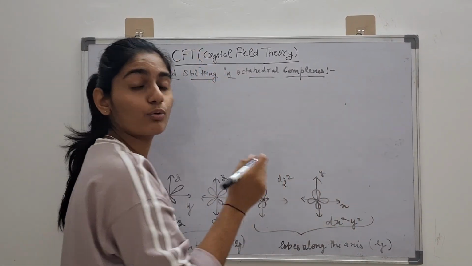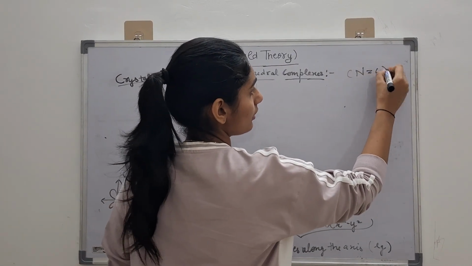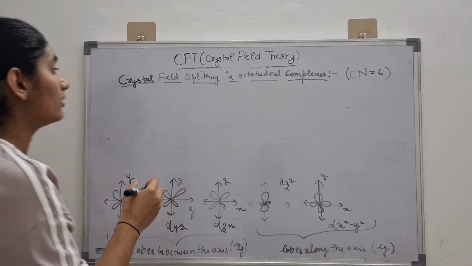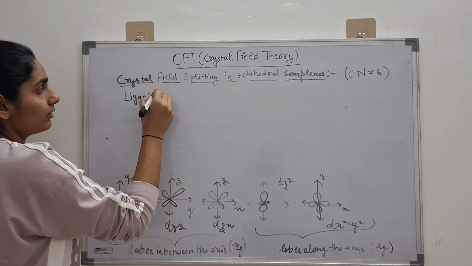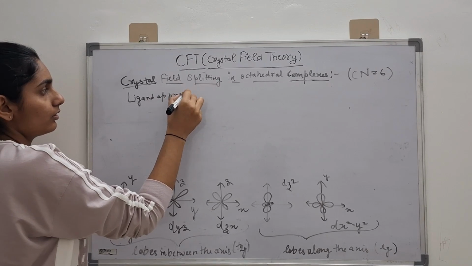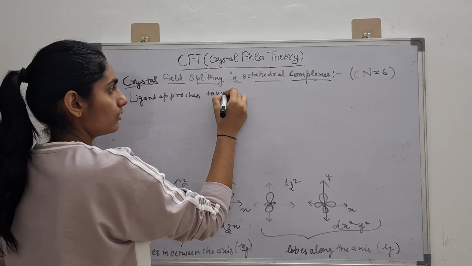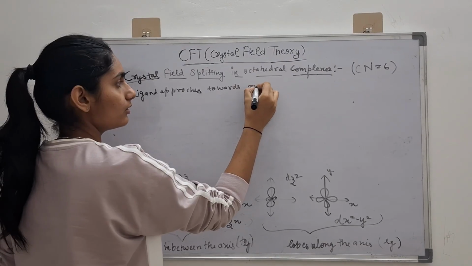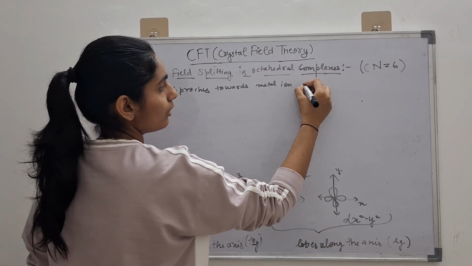Octahedral complexes means coordination number 6. In this, the ligands approach towards the metal ion along the axis.